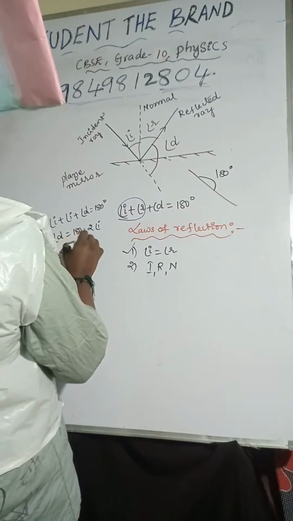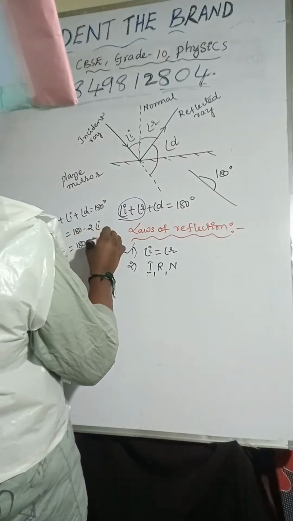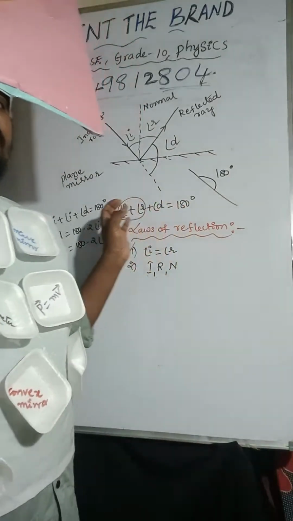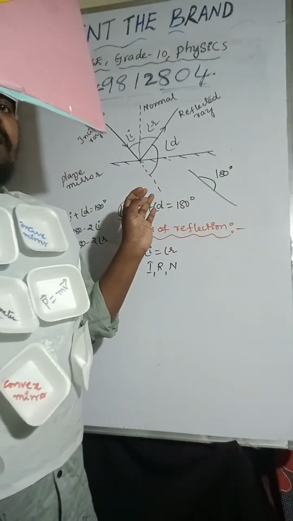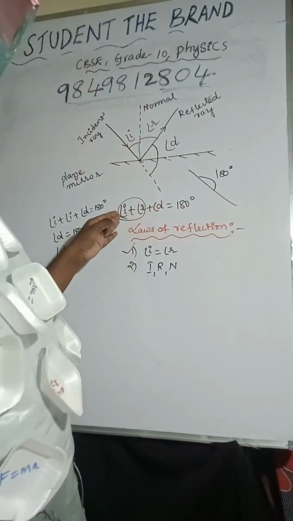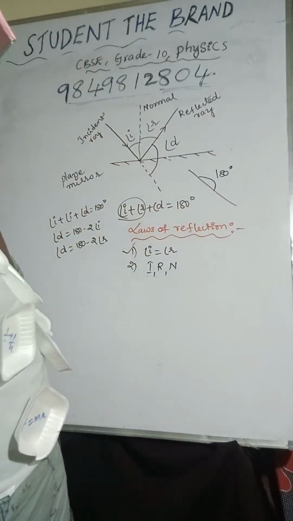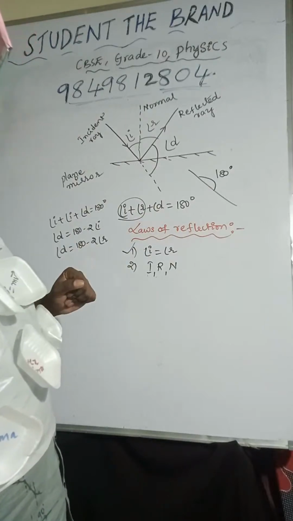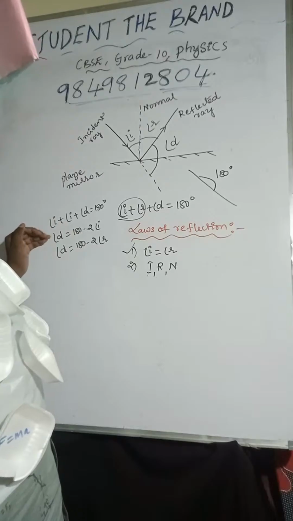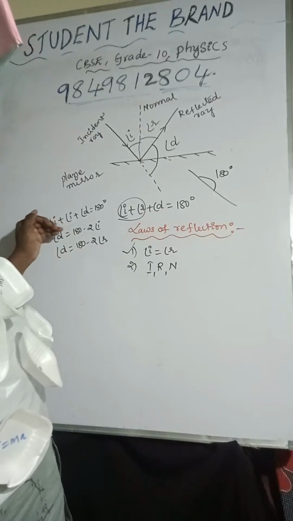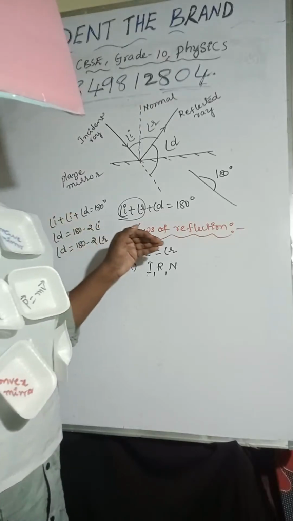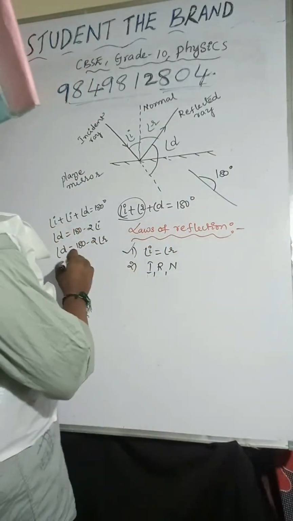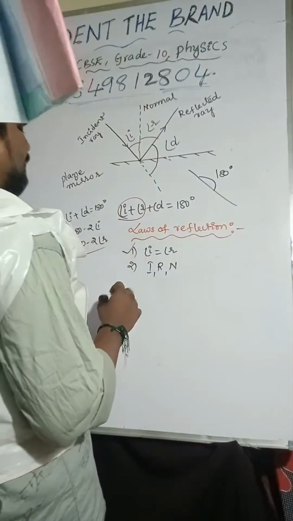Substituting the angle of reflection in place of the angle of incidence, you get angle of deviation D equals 180 minus 2 times the angle of reflection. That is about the angle of deviation.